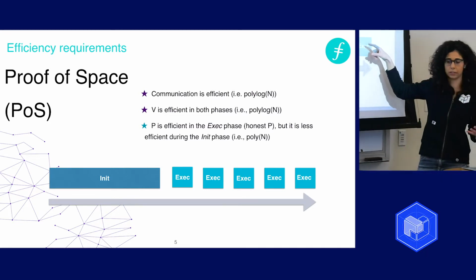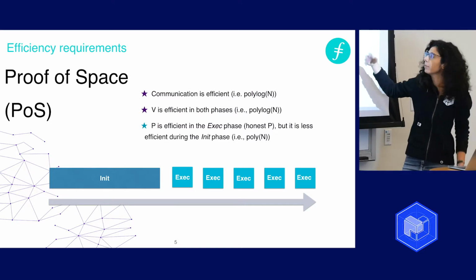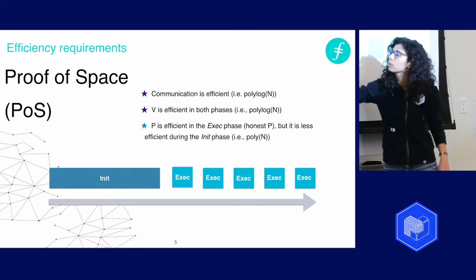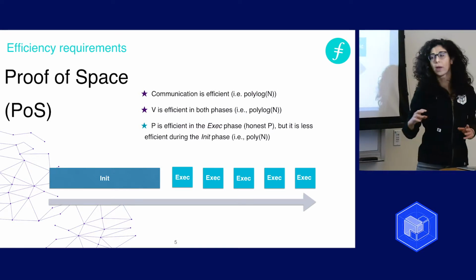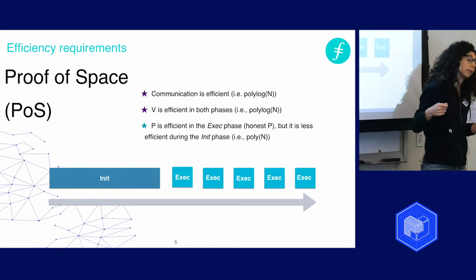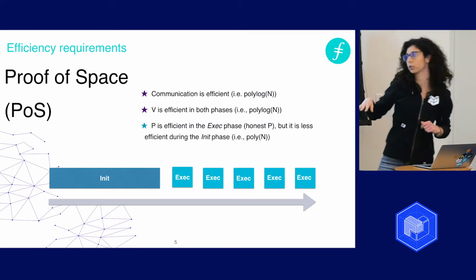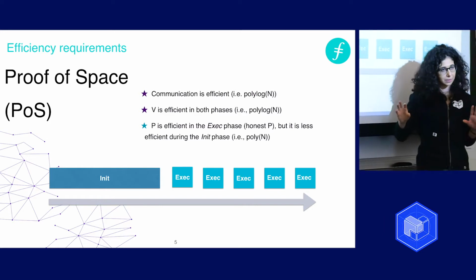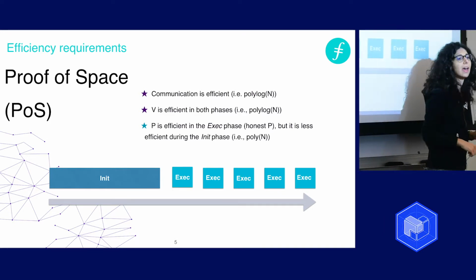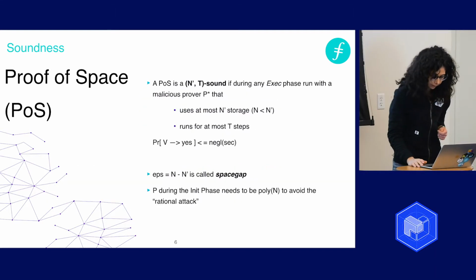And in the initialization phase, since we want communication to be small, we need to allow the prover to be at least linear. In general, it can be poly n. In simpler words, in this initialization phase, the prover is not too efficient. It has to be slower somehow.